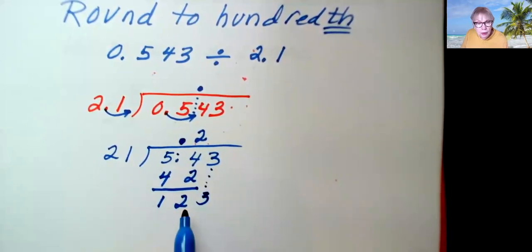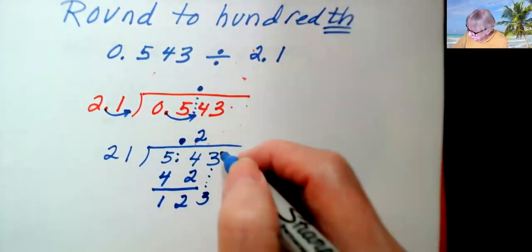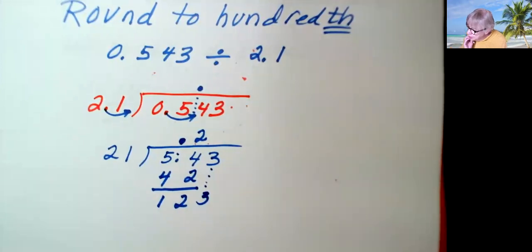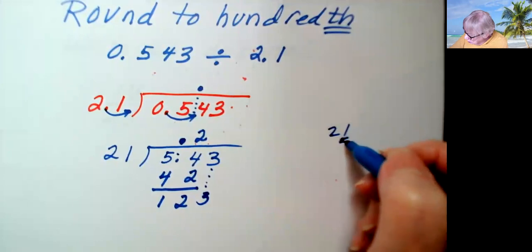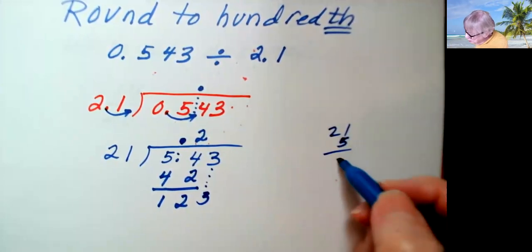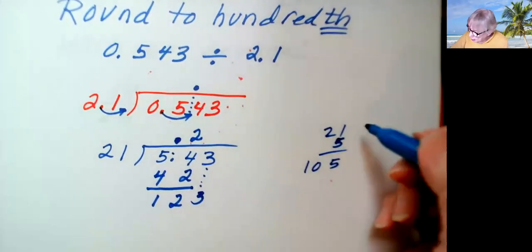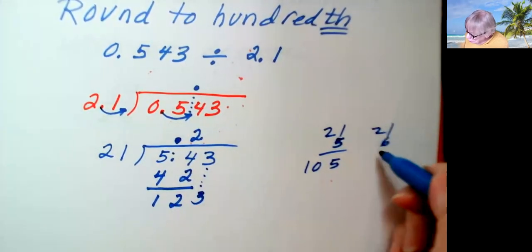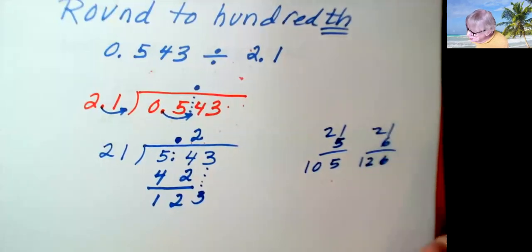21 into 123. What do you think? 21 times 5. This is 5 and this is 10. This is 105. Here's another one where it's kind of close. 21 times 6 is 126.